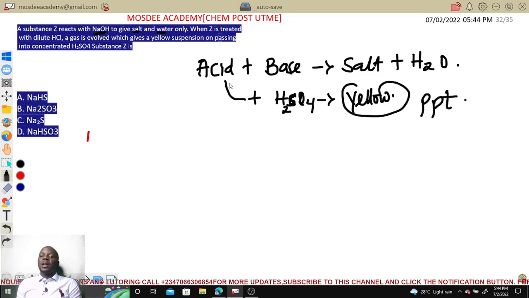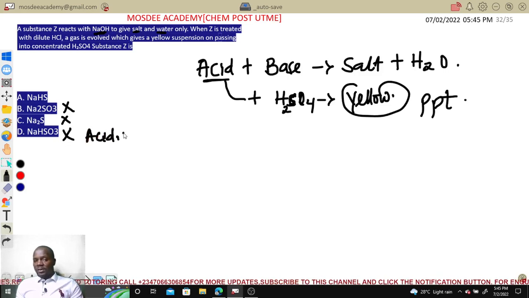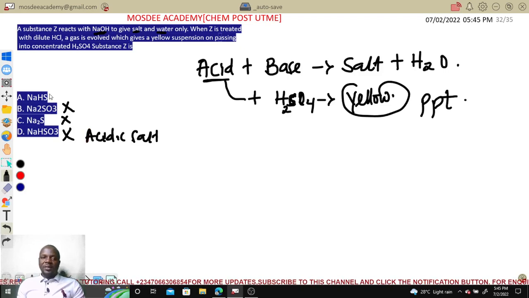So now we already know that the substance is an acid. Out of all these, which one is an acid? This one is not an acid. This one is not an acid. So we are left with these two. Now let's take it one by one. Sodium hydrogen trioxocarbonate is also not an acid. It is an acidic salt, so that is wrong also. Whereas this one is an acid.